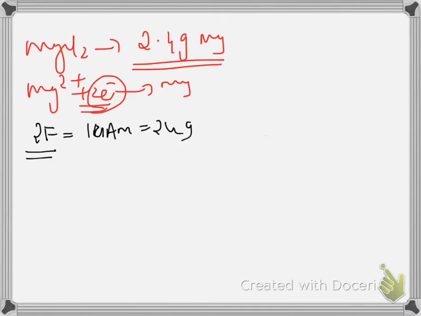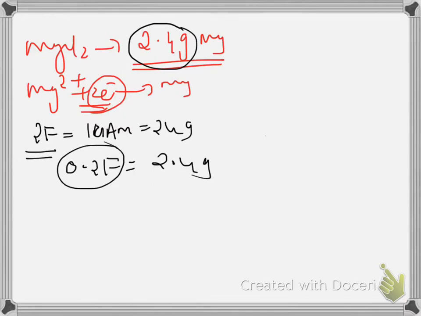Here they have told you that they have got 2.4 gram. So they have passed 0.2 Faraday. Then you will get the amount of electricity used for this purpose. This kind of calculation is also possible by using Faraday's law.